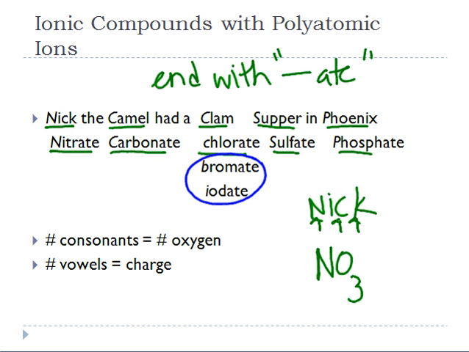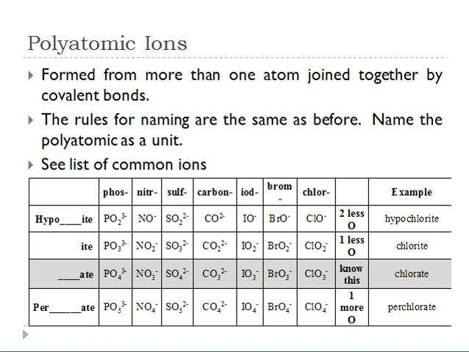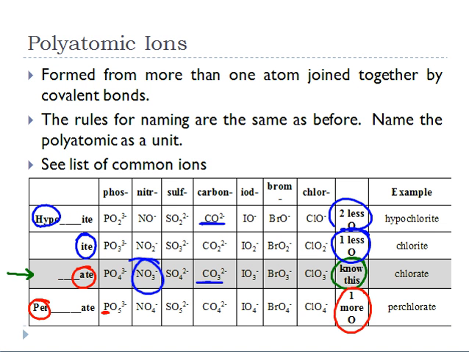And then the number of vowels, I only have one vowel, the letter I, and that tells me the charge. So I have a 1- charge because I only have one vowel in the word. So the word Nick basically helped me figure out that the nitrate formula is NO3 1 minus. And if I look back on my previous slide, look, nitrate NO3 1 minus, done.